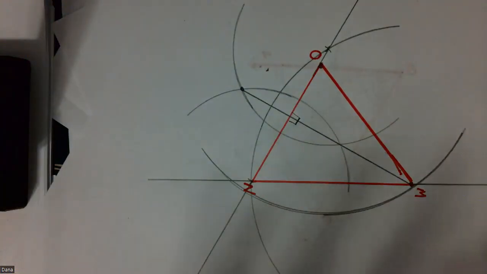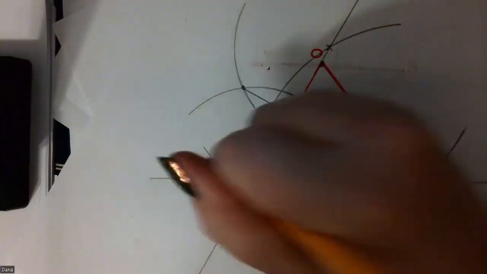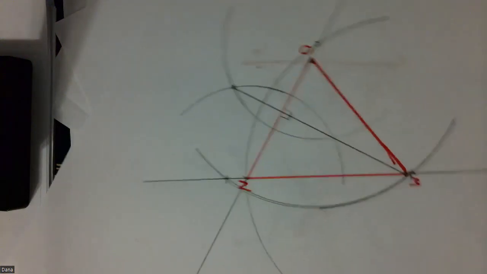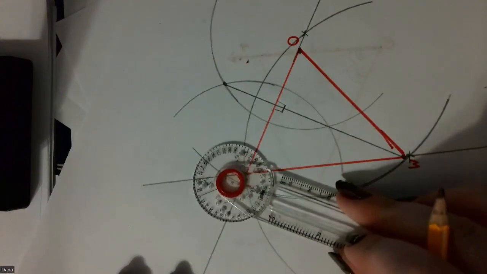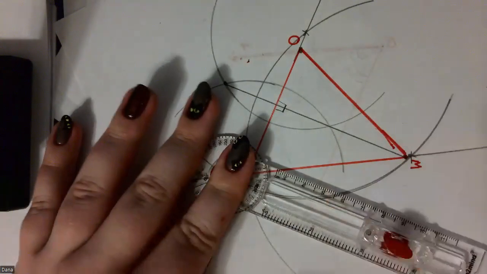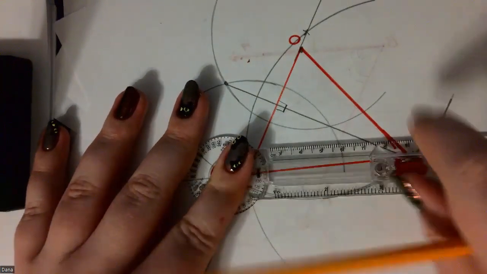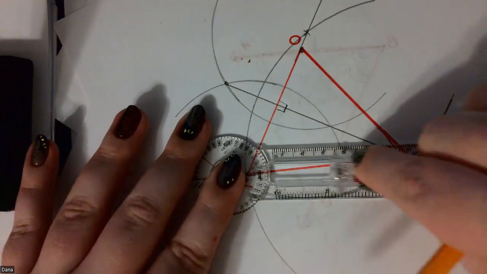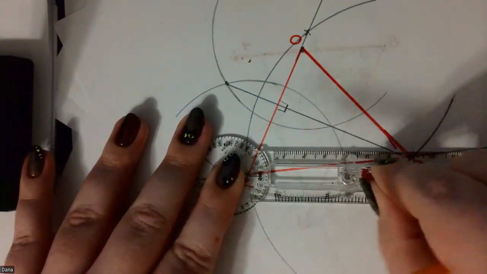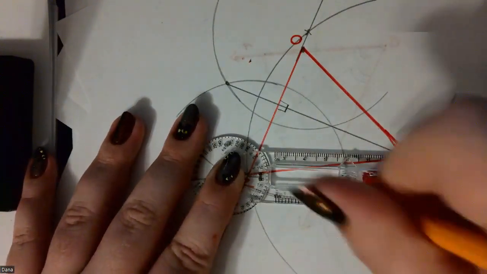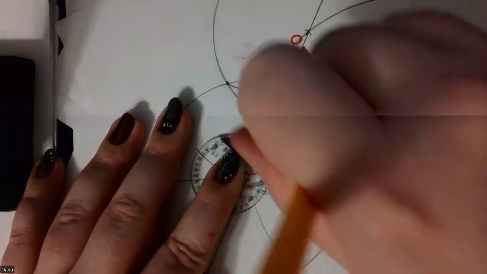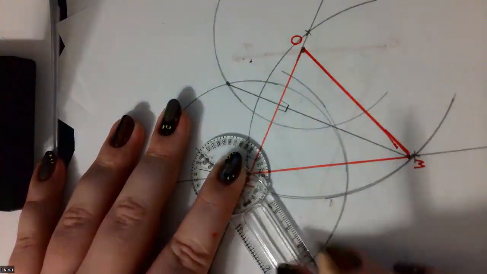So again, I've swung my first arc, gotten my two intersection points, choose one to start with, make that distance a little bit more than halfway, and we swing without changing the distance.